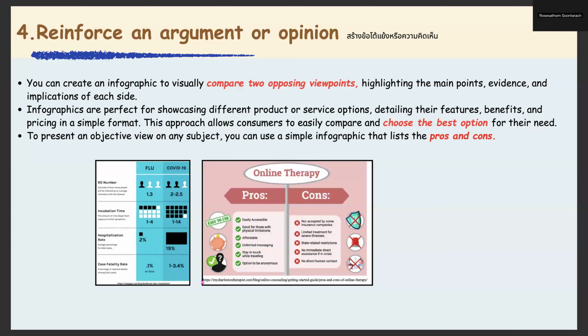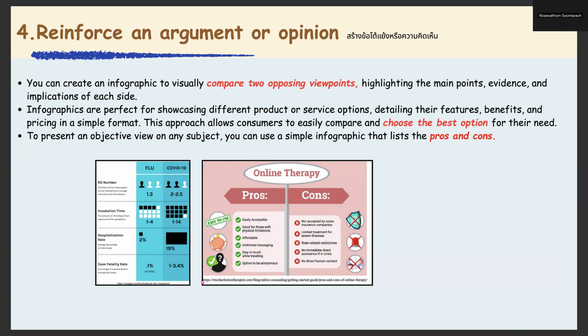You can create an infographic to compare two opposite viewpoints by highlighting the main points, evidence, and implications of each side. And infographics are preferred for showing different product or service options.